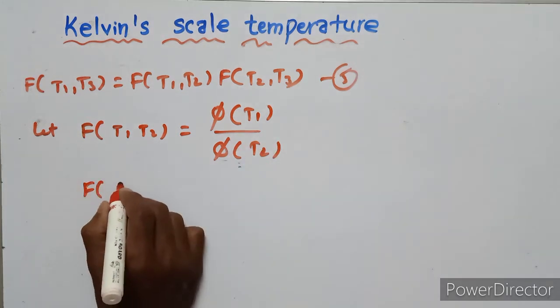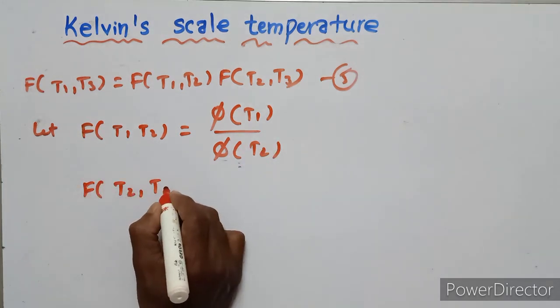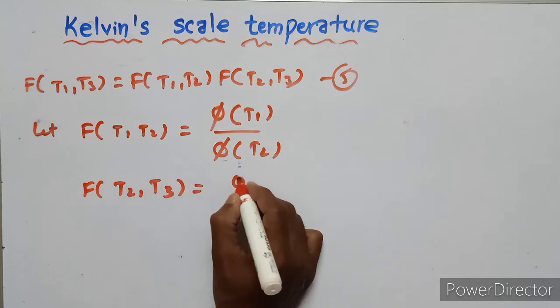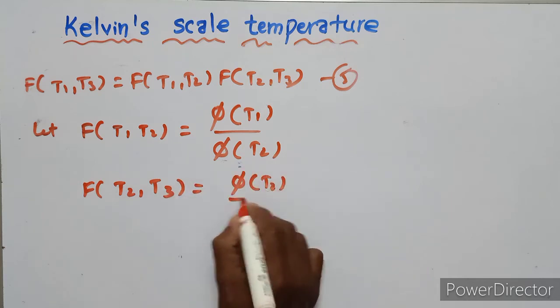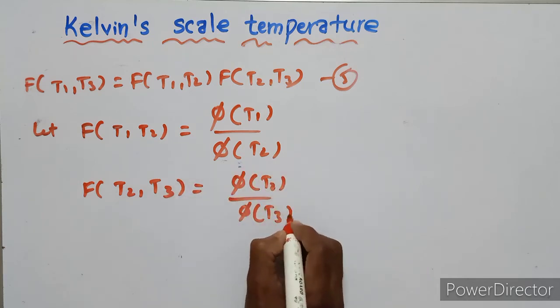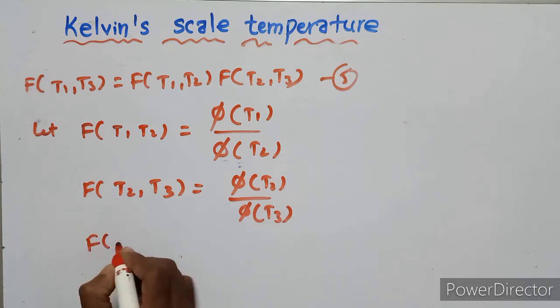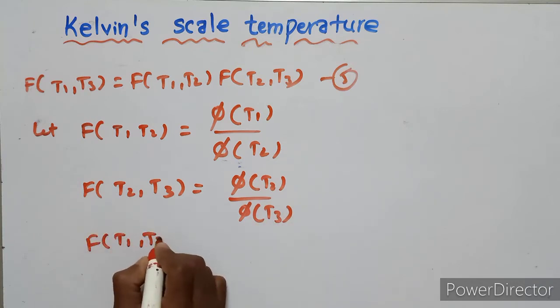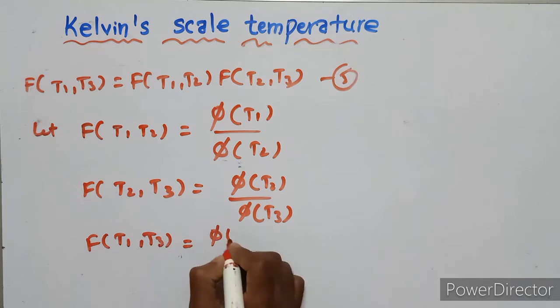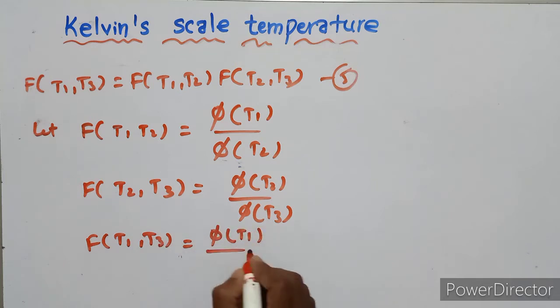Similarly, f of T2, T3 can be written as phi of T2 upon phi of T3, and f of T1, T3 is equal to phi of T1 upon phi of T3.